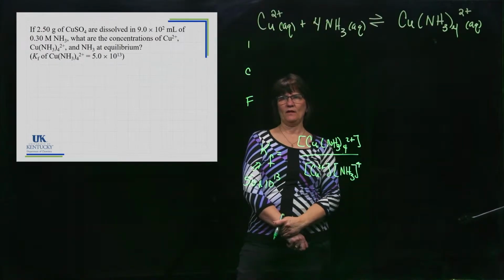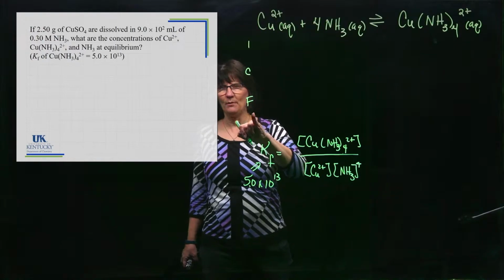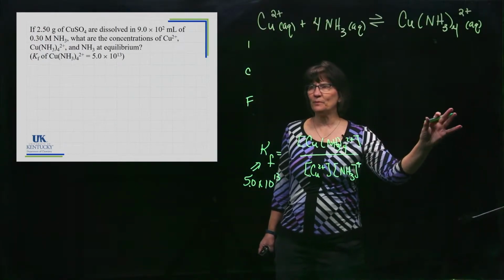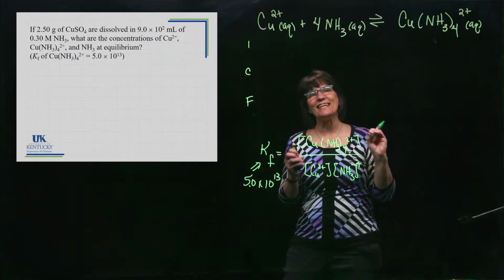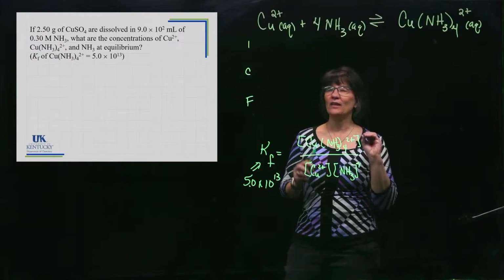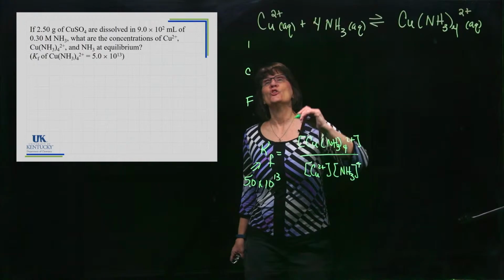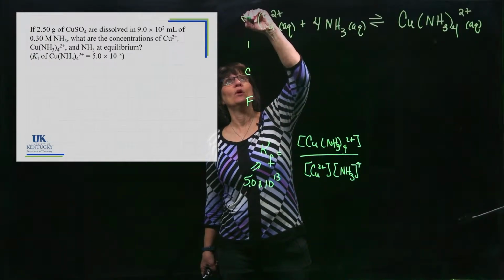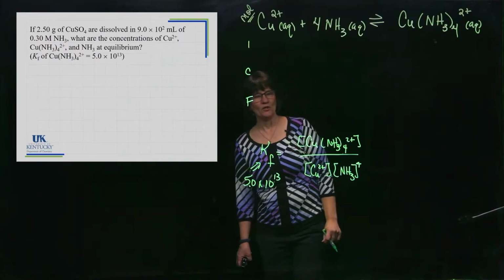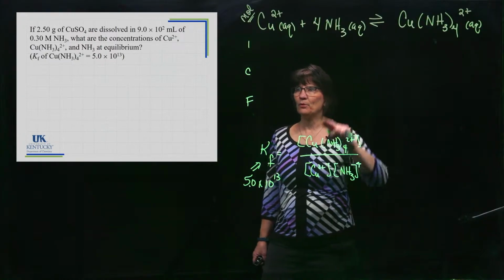An F instead of an E. What I'm going to do is an ICF table, final, because this goes nearly to completion. So it's as if it did go to completion, and then at the end I'm going to say, well, it almost does, and I'll show you the modification at the end, okay? So what do we put into an ICF table? We put moles, not molarity, into this table. So I need to go about figuring out the moles that I can plug in here.